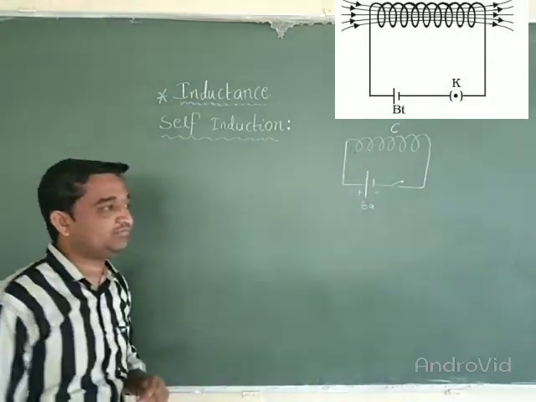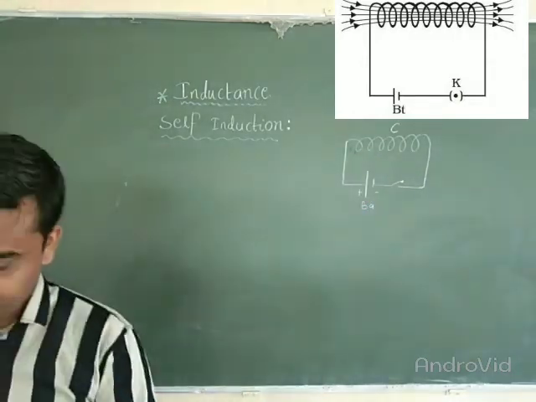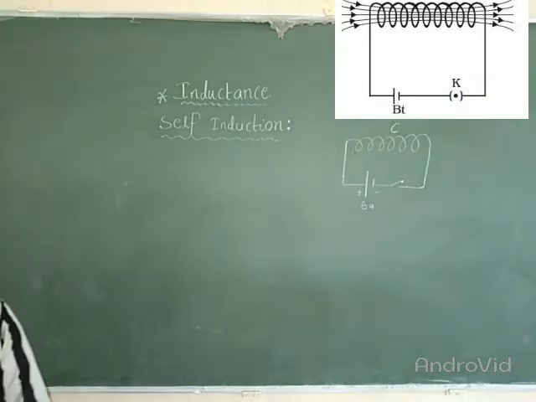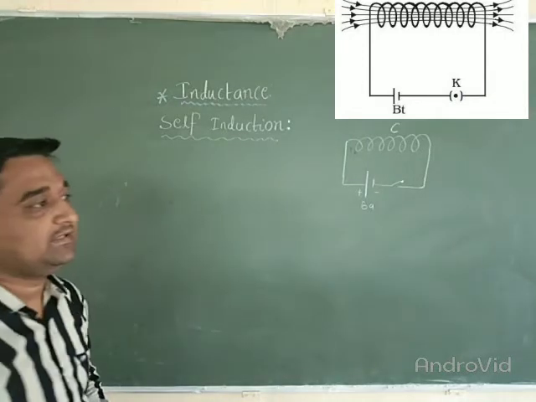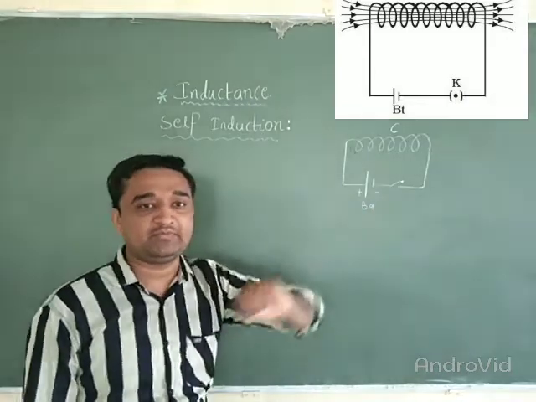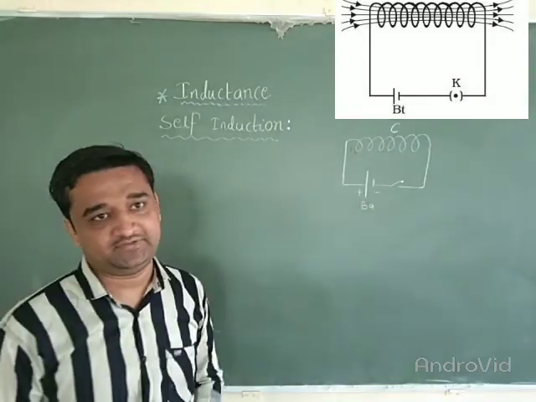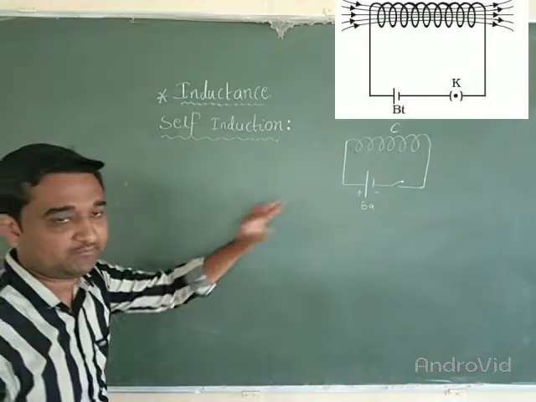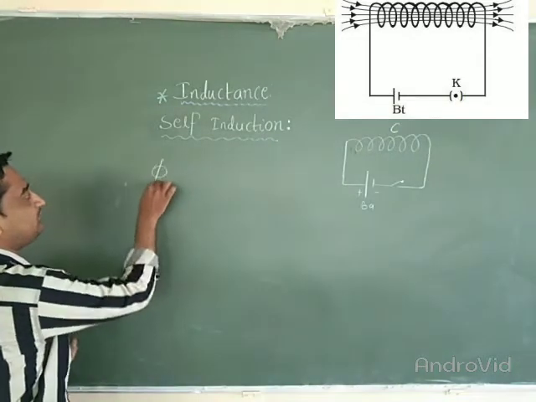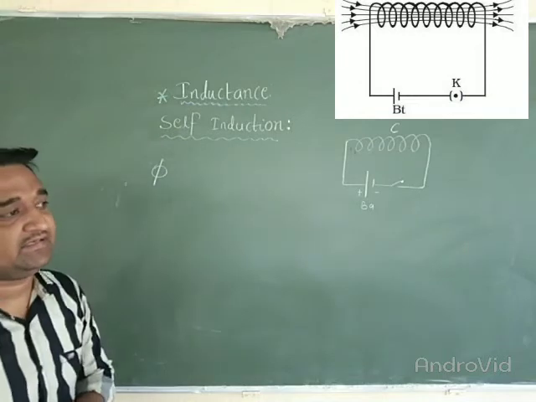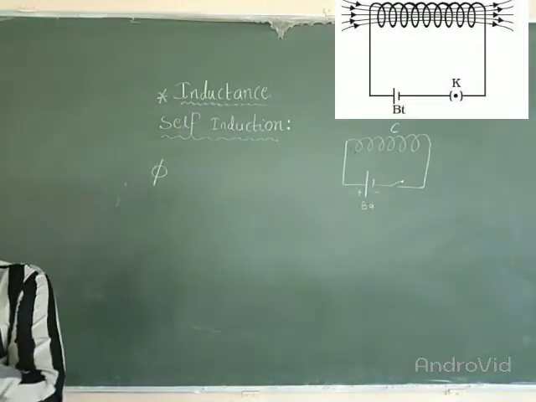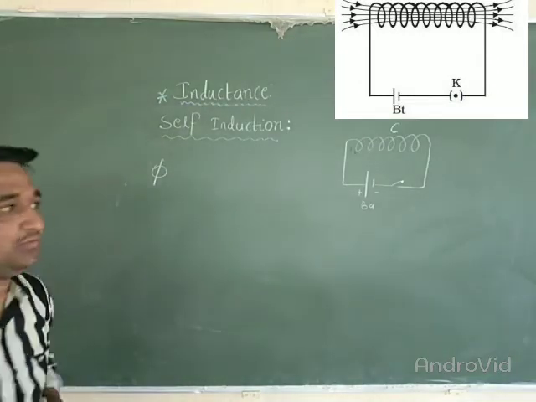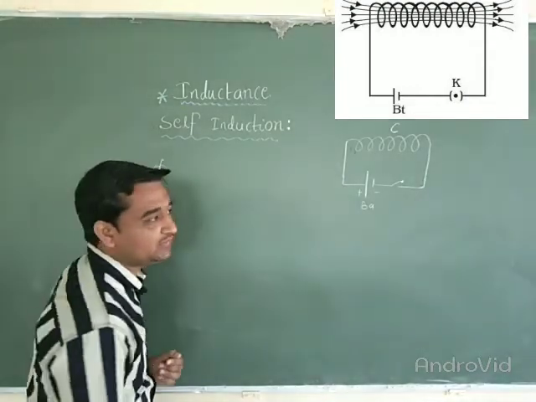Now, the magnetic flux linked with the coil at any instant of time is directly proportional to what? The current flowing through the coil. That means what? The magnetic flux linked with the coil, that is the value of phi, at any instant of time is directly proportional to the current flowing through the coil at that instant.